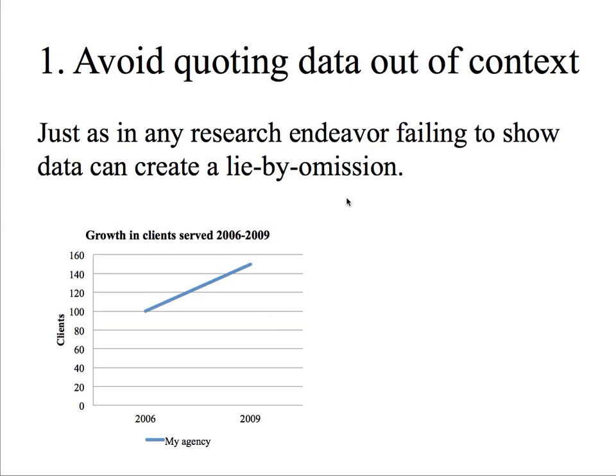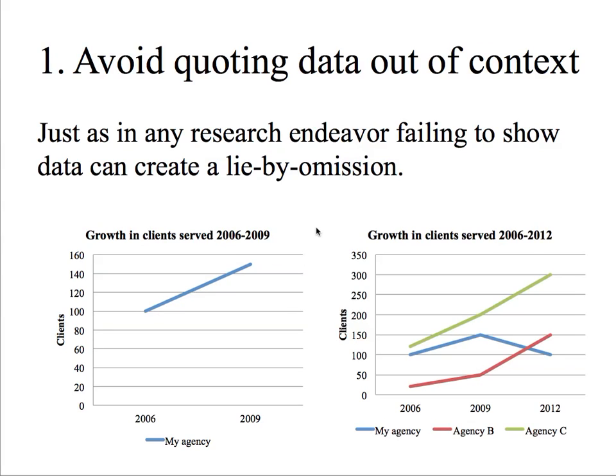Now, we're showing 2 points in time. But suppose that we are omitting other data that we have that would bring context to this growth. Right? Now, let's suppose we add 1 year of data and 2 more agencies. Now, we chose to not show 2012, and in 2012 we have a drop, right, into 100.